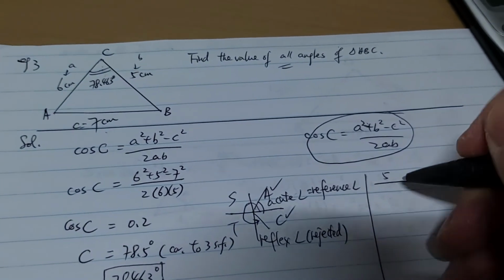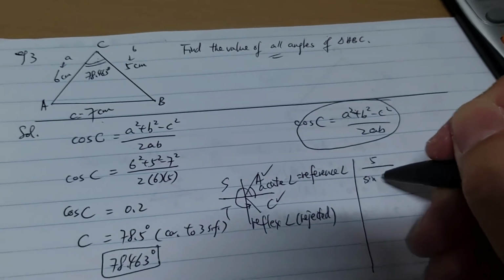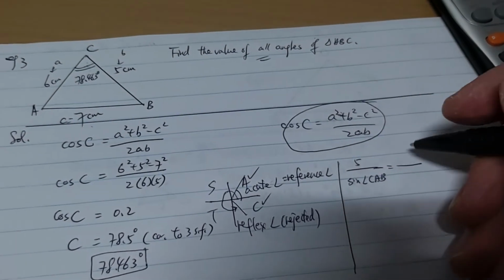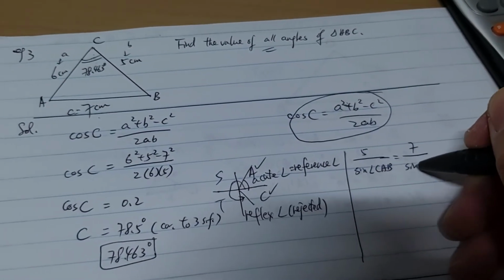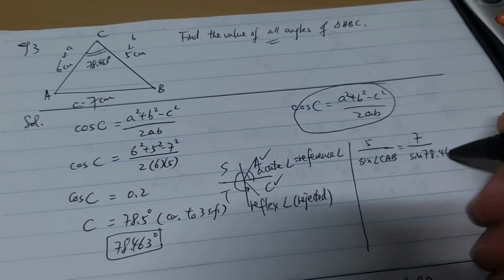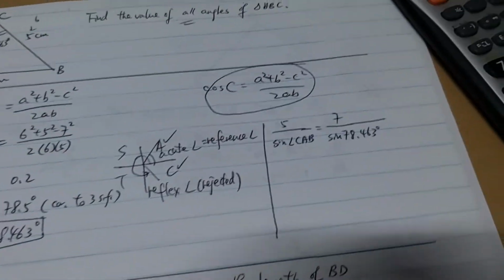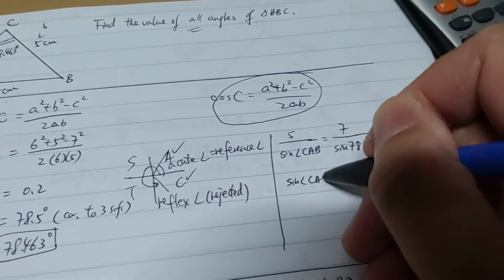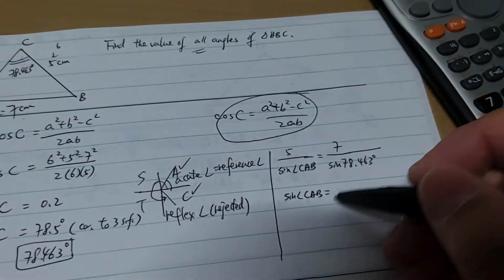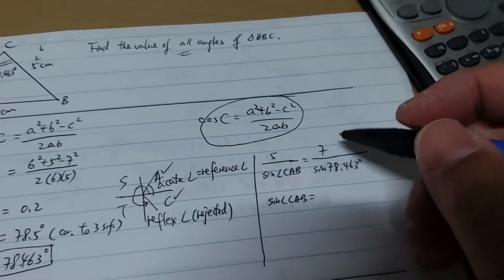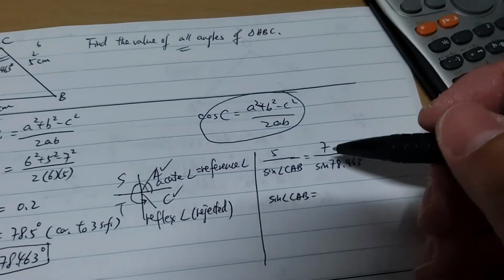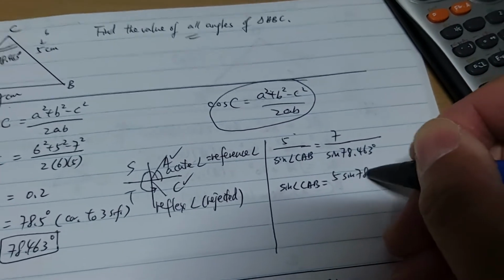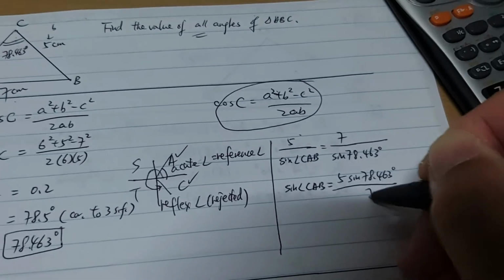So 5 over sine angle CAB equals 7 over sine 78.463 degrees. Sine angle CAB, how do we compute this? We can multiply these two, divided by 7.